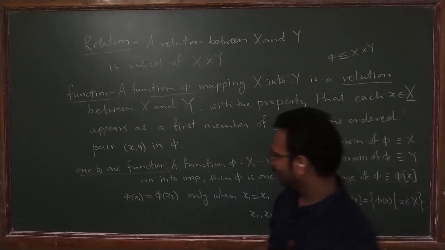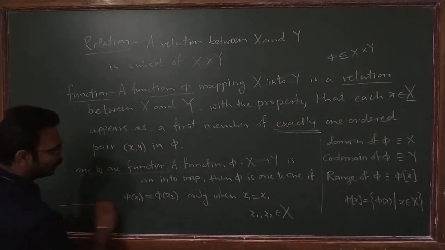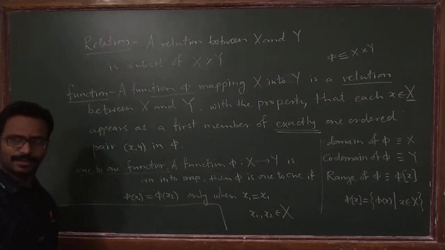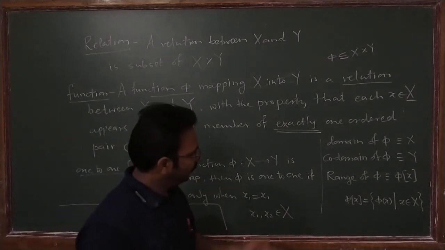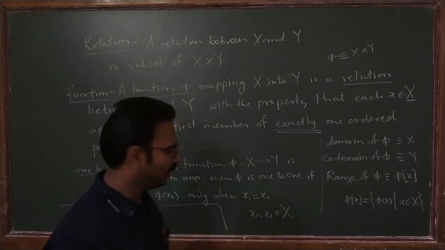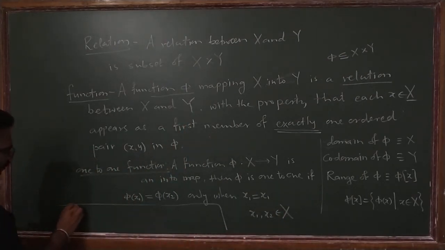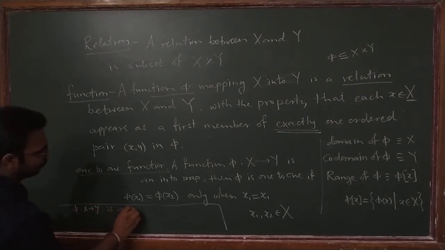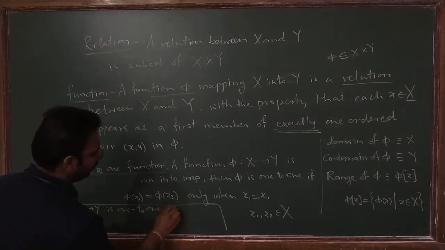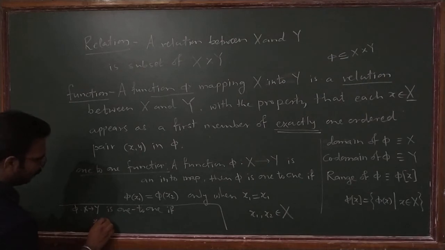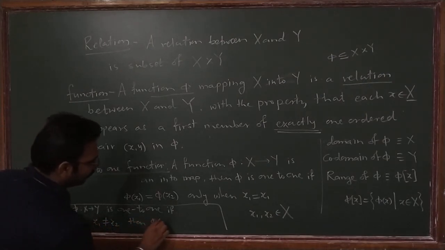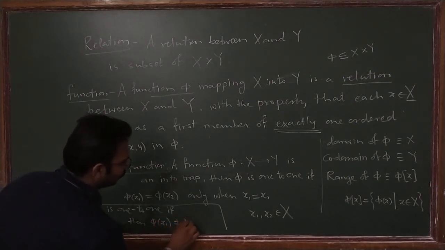And the other definition for this 1 to 1 function you can have in some other books. It will be a negation of this statement. That means phi from X to Y is 1 to 1 if x1 not equal to x2, then phi of x1 not equal to phi of x2.